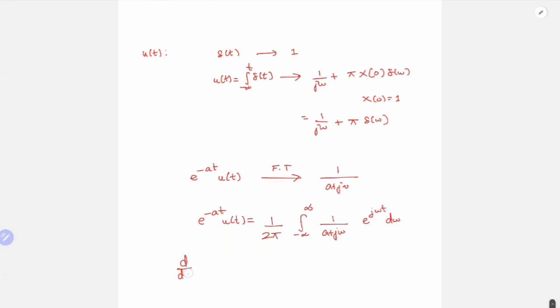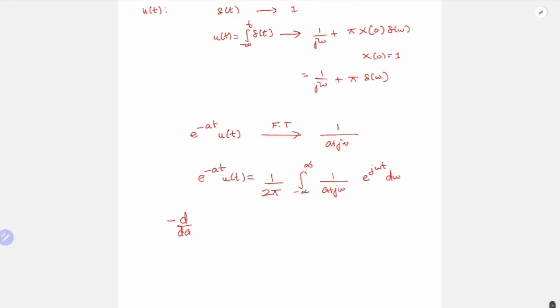If I take minus d/da on both sides, on the left hand side I'll get t e^(−at) u(t). On the right hand side, only this depends on a. So if I take the derivative, I'll get minus 1/(a + jω)². But the minus sign cancels, so I'll get 1/2π times the integral of 1/(a + jω)² e^(jωt) dω. So this is my Fourier transform.